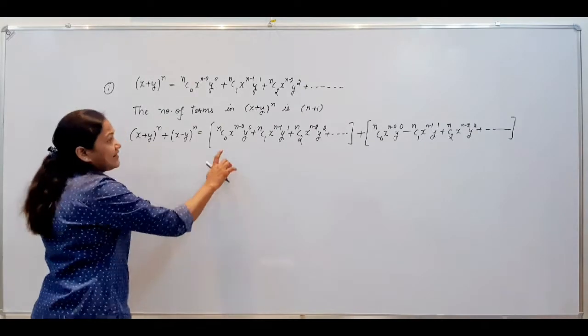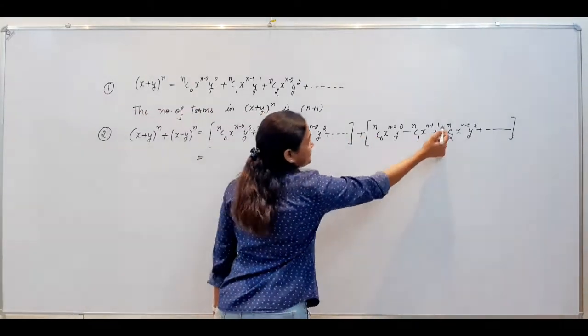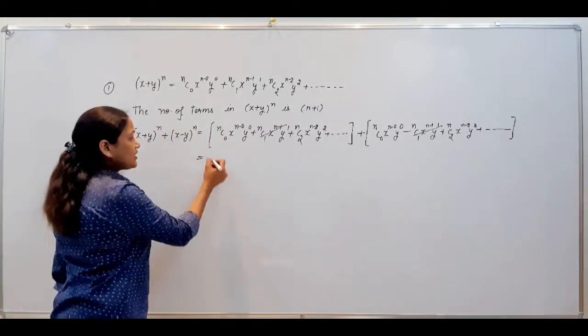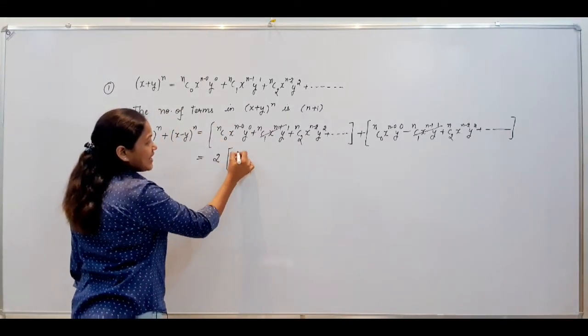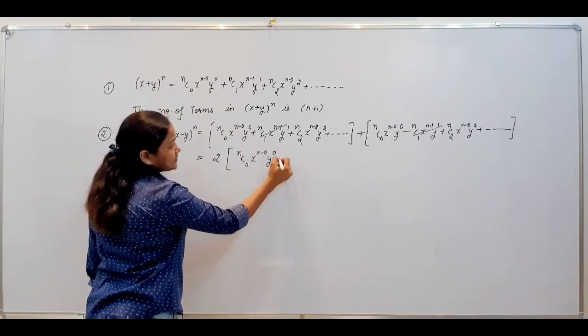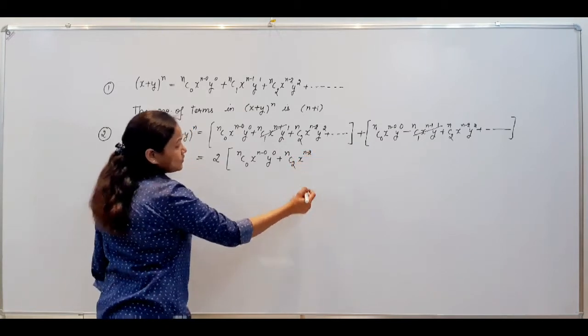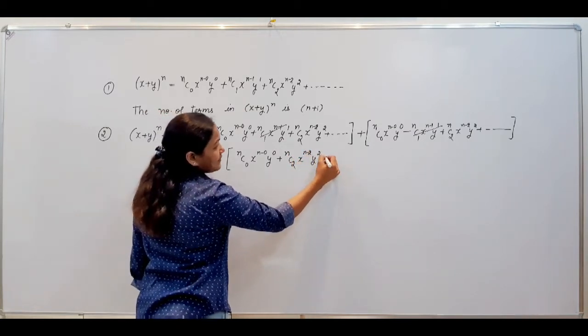When you add these two expressions, the odd terms will cancel out and you are left with 2 times nC0 x raised to power n minus 0 y raised to power 0 plus nC2 x raised to power n minus 2 y raised to power 2 plus so on.